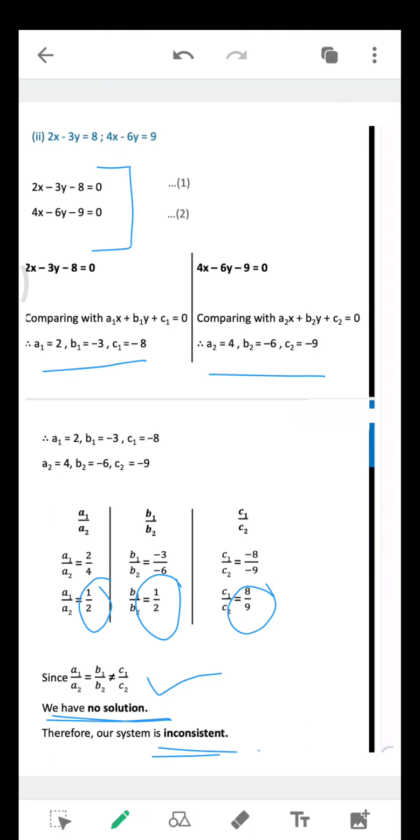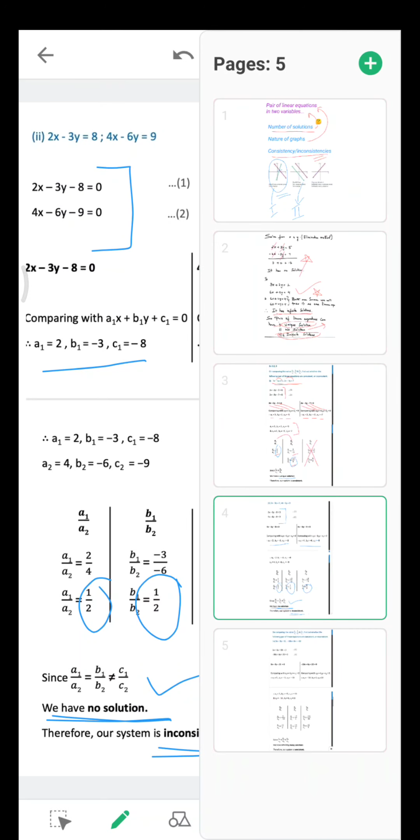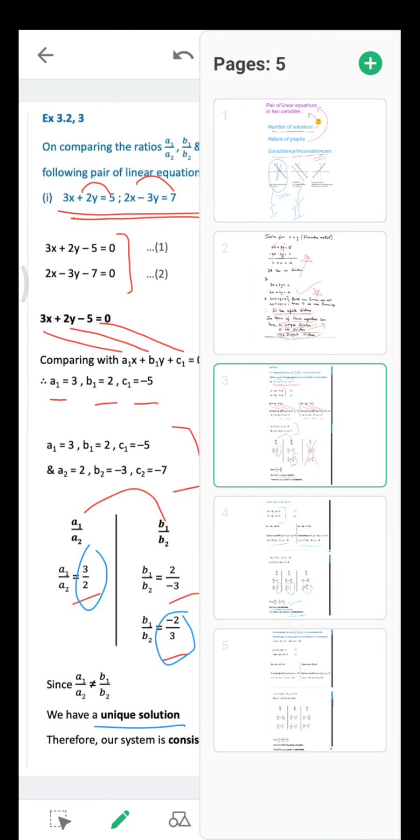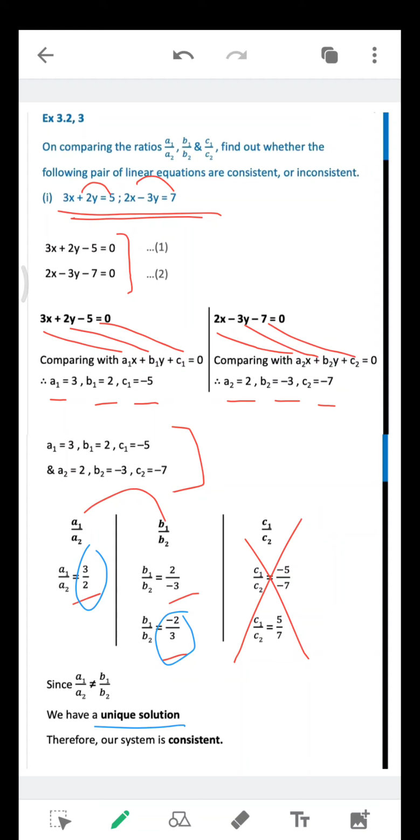If a1 by a2 is equal to b1 by b2, then you should find c1 by c2 also. If a1 by a2 is not equal to b1 by b2, then you should not go for c1 by c2. Like in the previous case, a1 by a2 was not equal to b1 by b2, here 3 by 2 and minus 2 by 3.